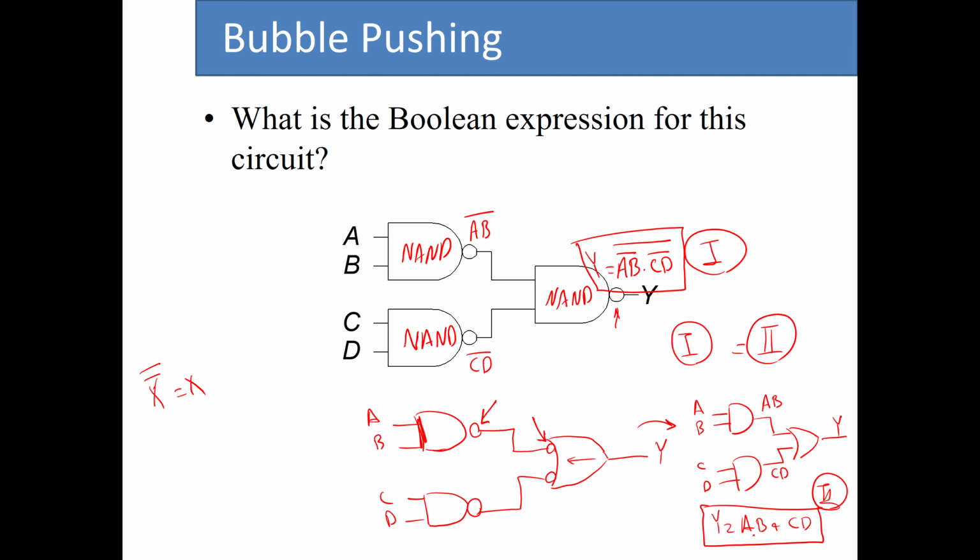There is no complement. It is simply two ANDs followed by an OR. But this one was a bit convoluted. You had one AND and then complement, you had another AND and then complement, you had a third AND and then the complement, right? So this is a much easier way to represent this function. And we were able to do it all thanks to pushing the bubbles from the outside to inside.